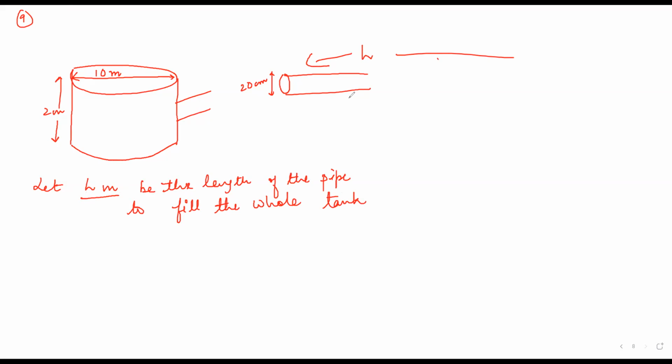Ma'am, can't we find the length like how we found in the 8th question? 8th question. Just 1 minute. Let me go back to 8th question.